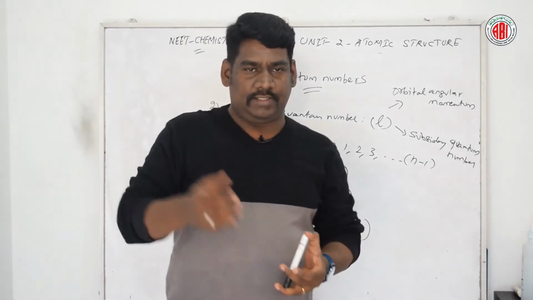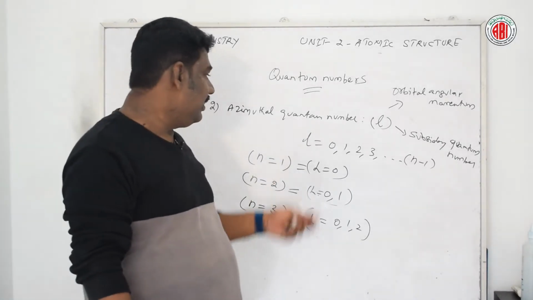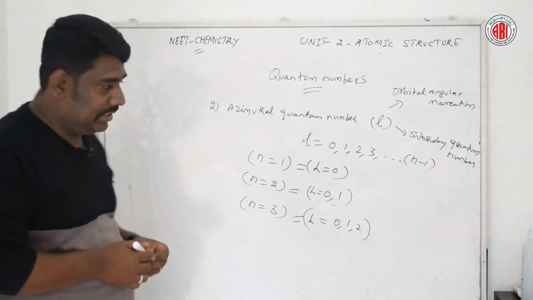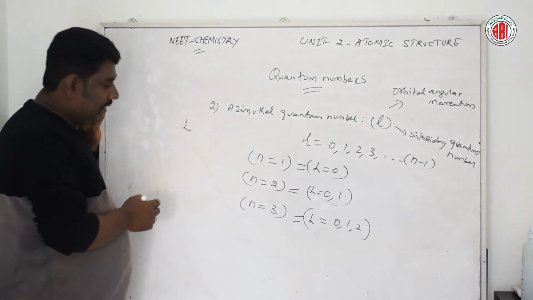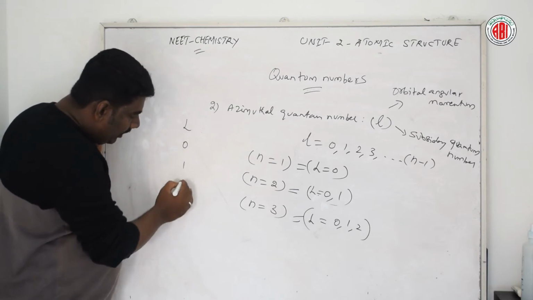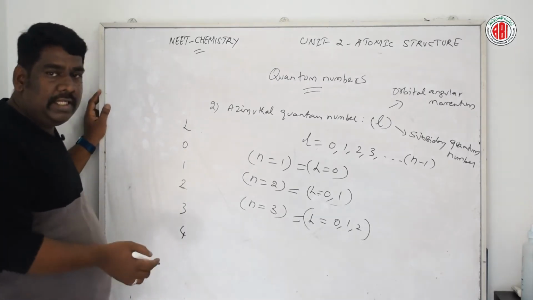So it goes on. Let us talk about the subshells of the azimuthal quantum number. The value of L starts from 0, 1, 2, 3, 4, and goes on like that, 5.